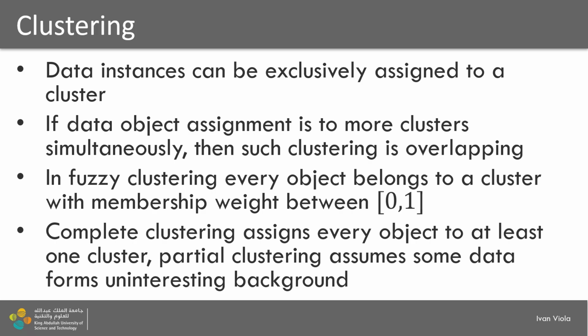A complete clustering means that every object is assigned to at least one cluster, and partial clustering assumes that some data form some uninteresting background which we do not intend to cluster.